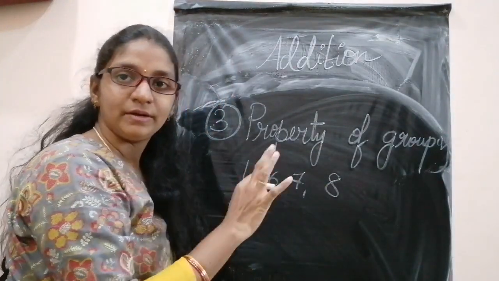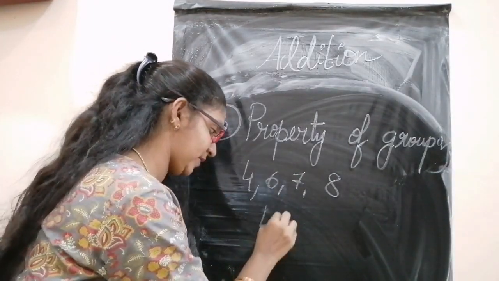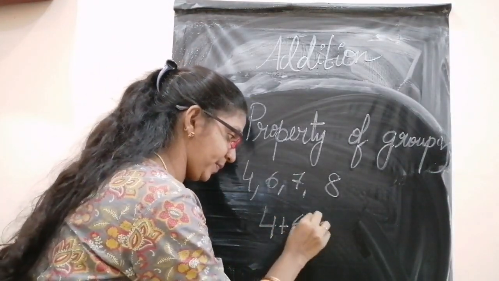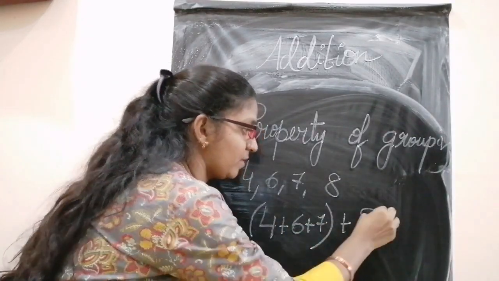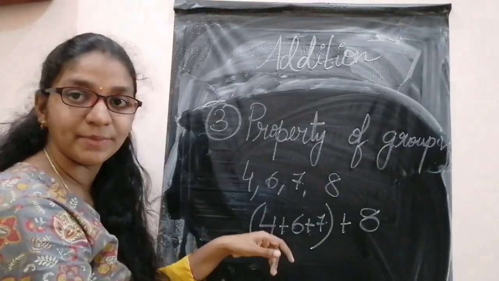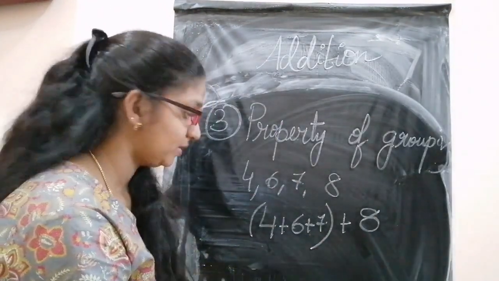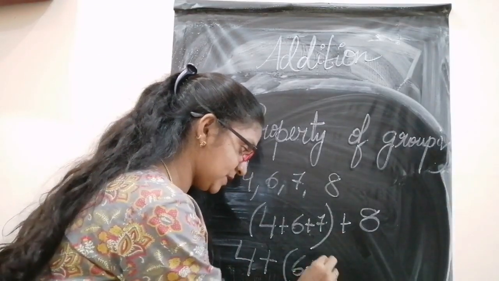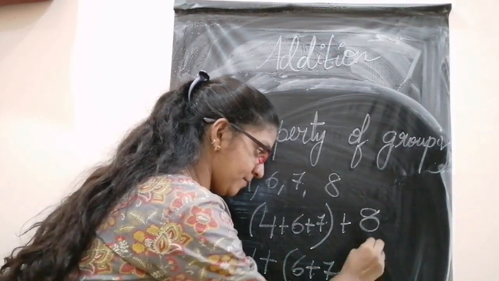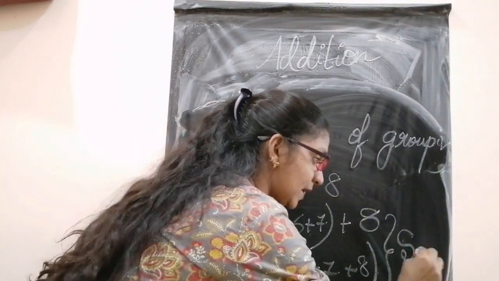Let us take these 4 numbers. If I add some of these numbers first and then add the rest, or if I do the addition like this, 4 plus 6 plus 7 plus 8, then both the answers will be the same.